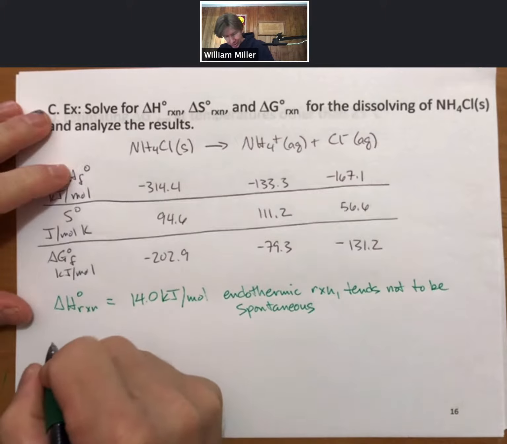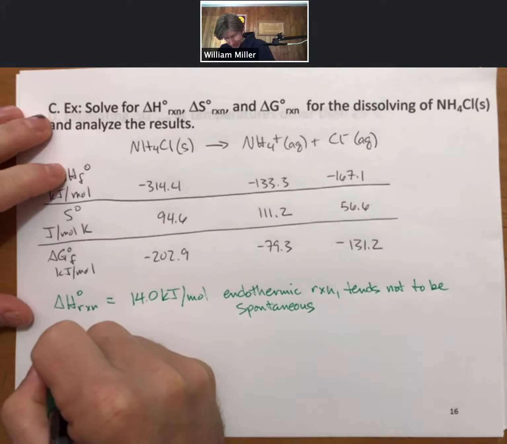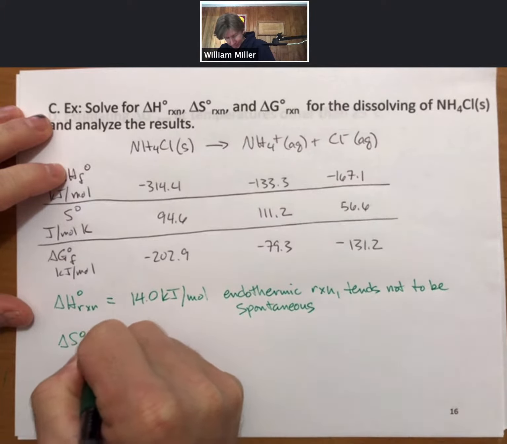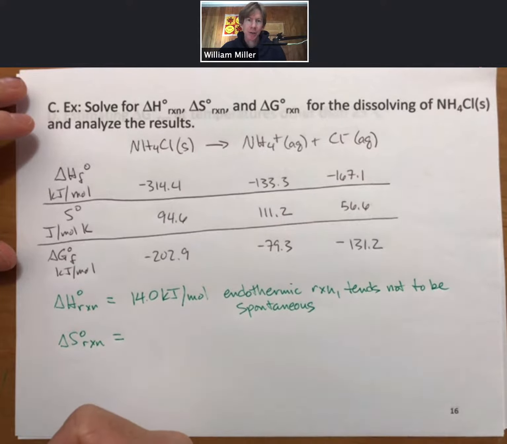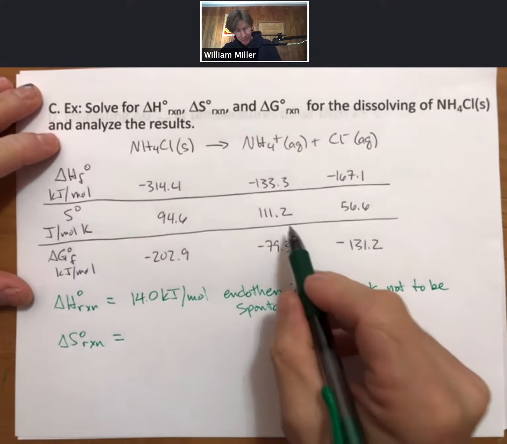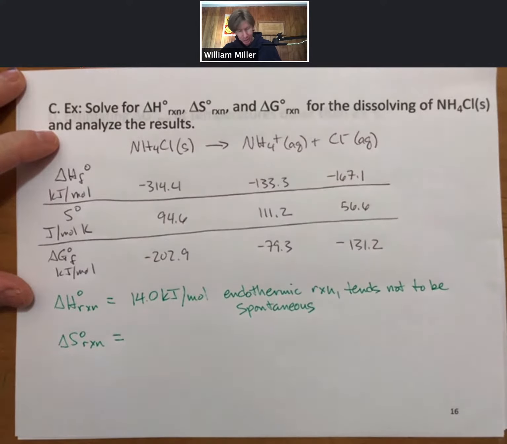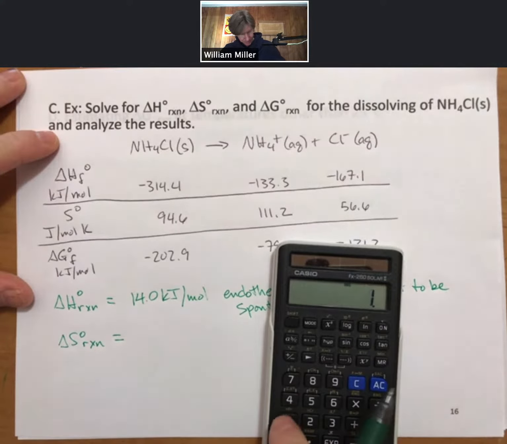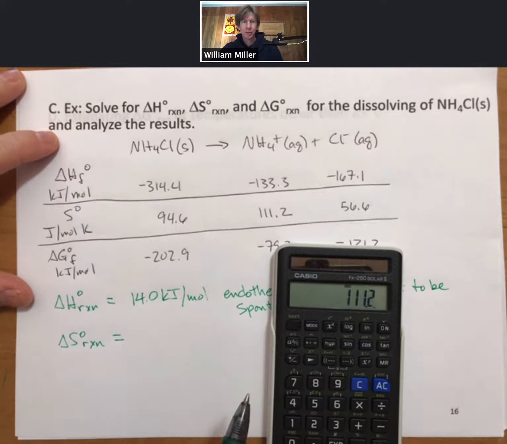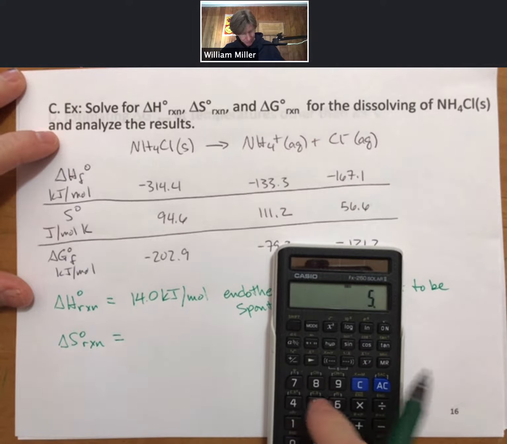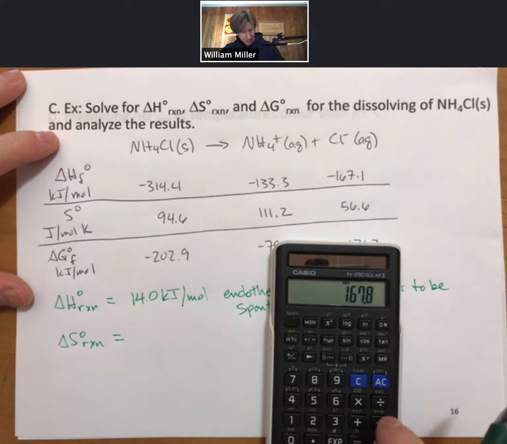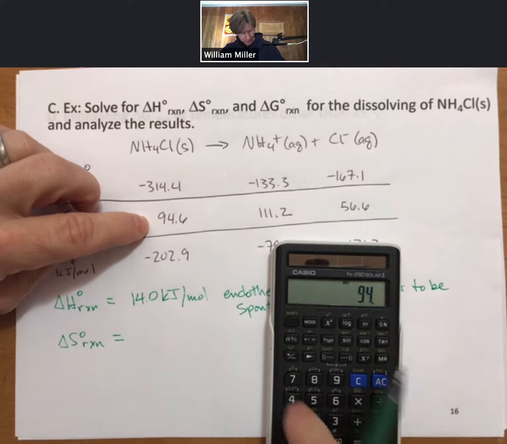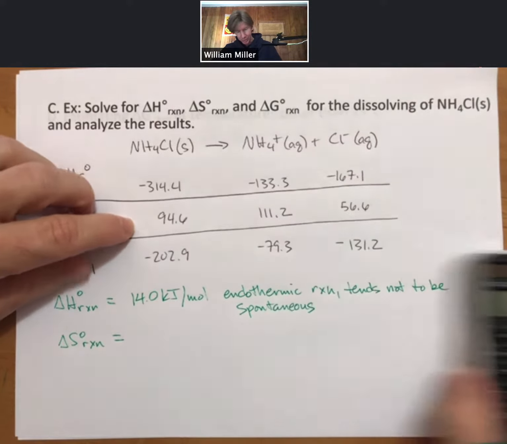Now let's do delta S reaction, delta S not reaction, I guess. The change in entropy of reaction at standard conditions. And now it's going to be products minus reactants. 111.2 plus 56.6 minus 94.6, 73.2.